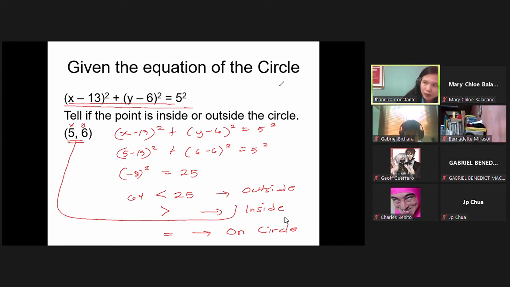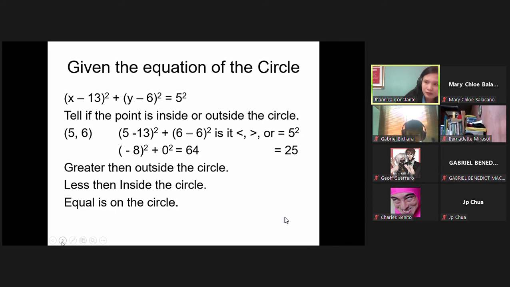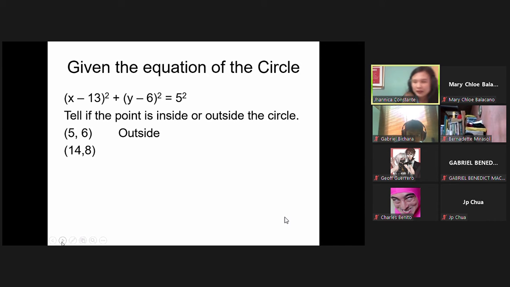For example, we have this point. Example, the given point is 14 and 8. We're going to identify if it's on the circle, outside of the circle, or inside of the circle.